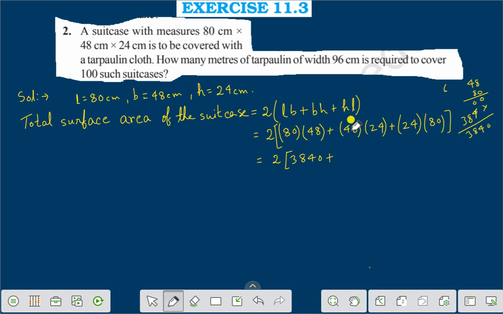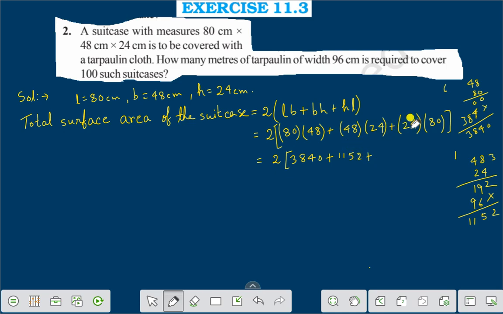Plus, if we multiply 48 with 24, then we are getting 1152.